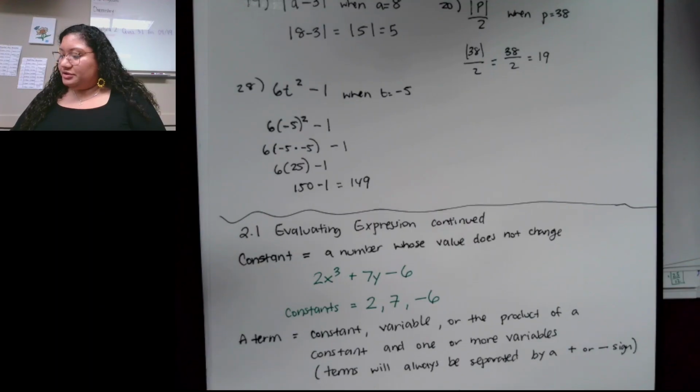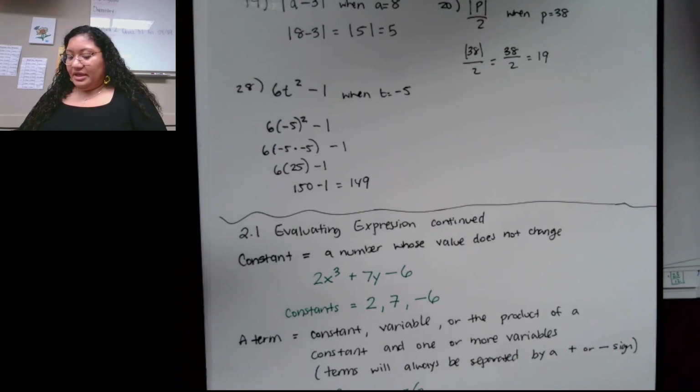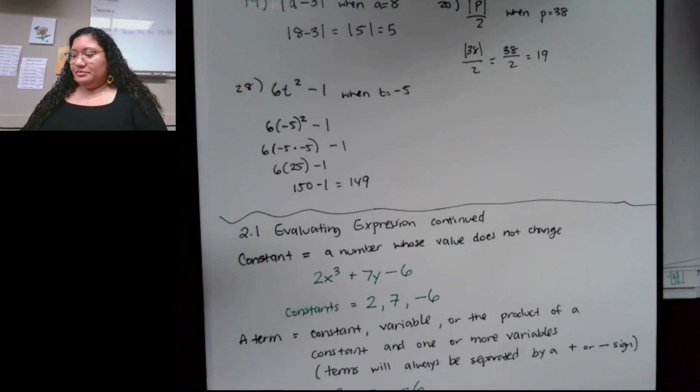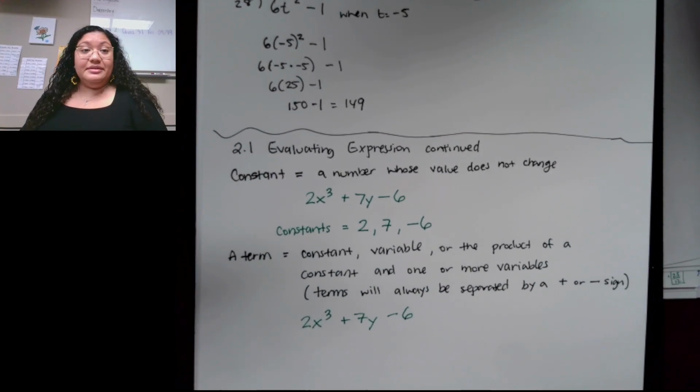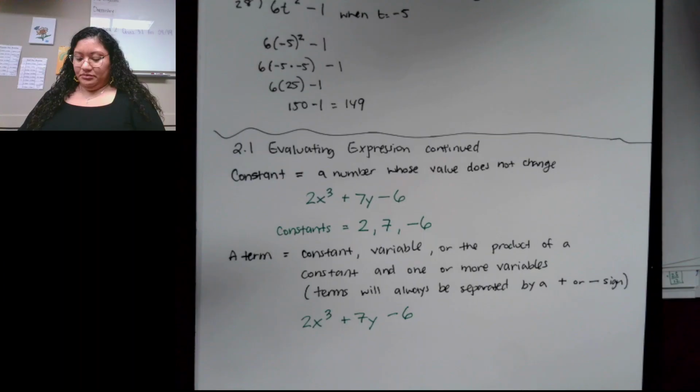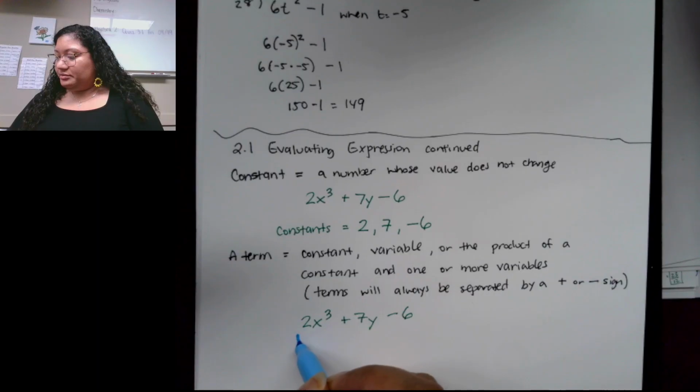We've got 2x cubed plus 7y minus 6. In this example, who are my terms? This is a term.